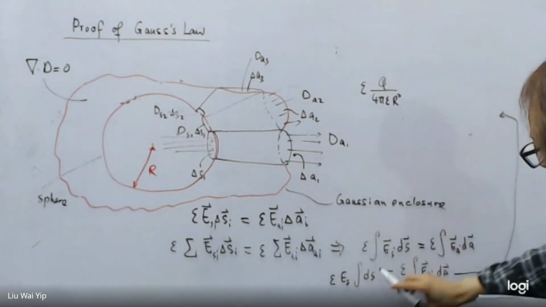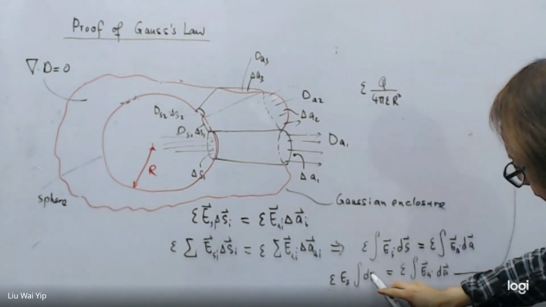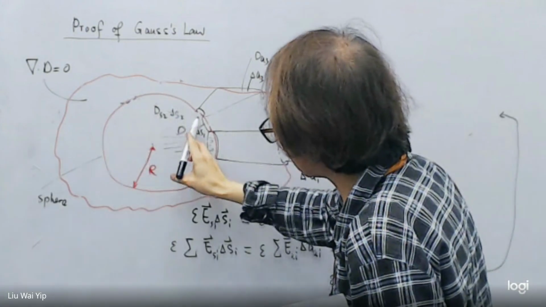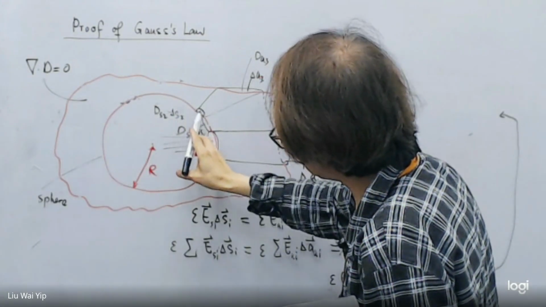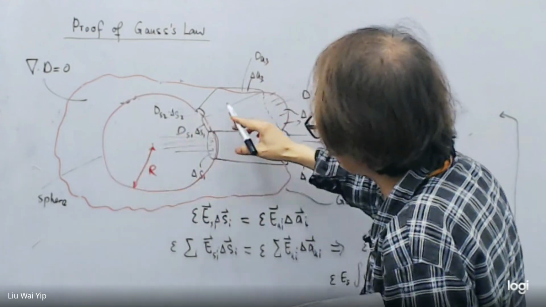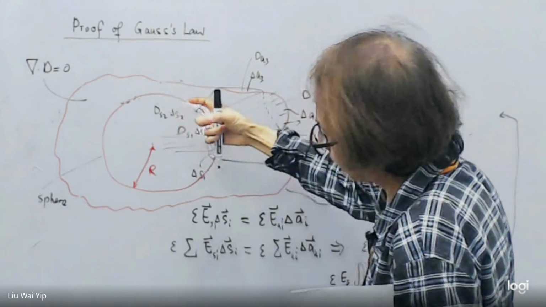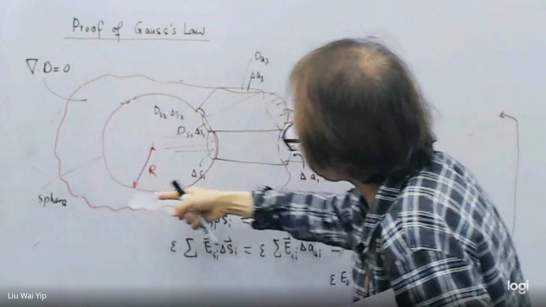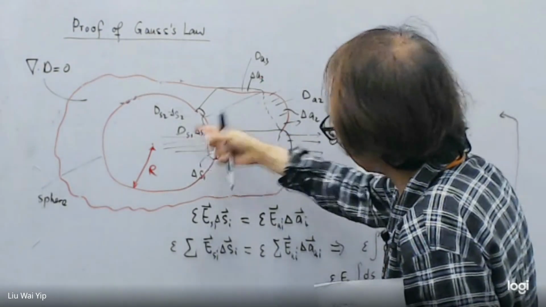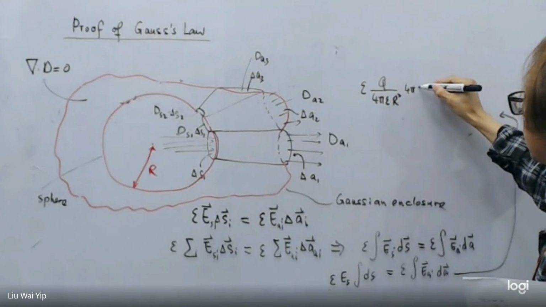And the integration of dS, so we have the area. We are going to sum up all the small portions of delta S together for the whole sphere. So literally, this sphere is just like a bubble inside the Gaussian enclosure. It has its own surface, and its total surface area is 4 pi r squared.